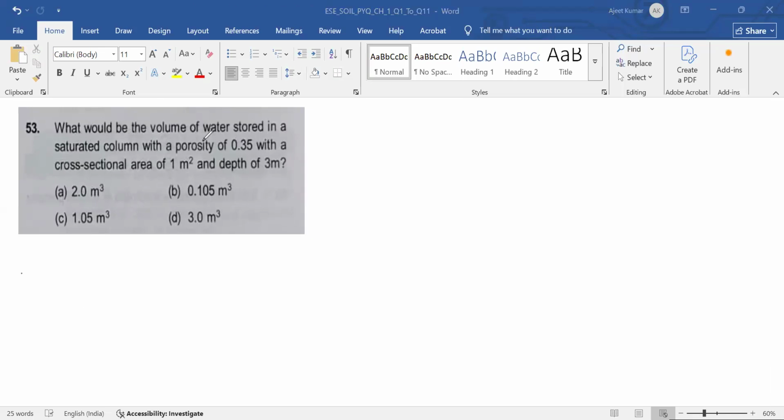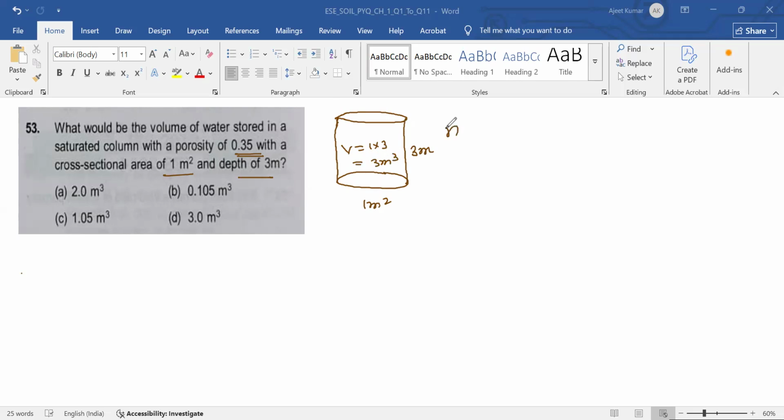What would be the volume of water stored in a saturated column with porosity 0.35 with a cross-section area of 1 and depth? The cross-section area is 1 meter square and depth is 3 meter. So therefore volume is equal to 1 into 3, which is equal to 3 meter cube.